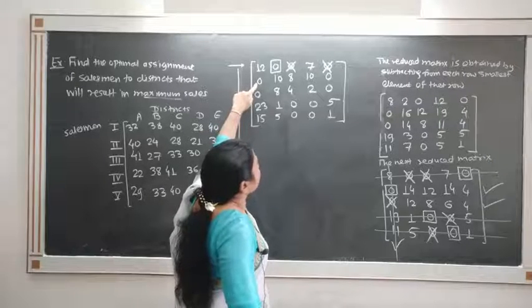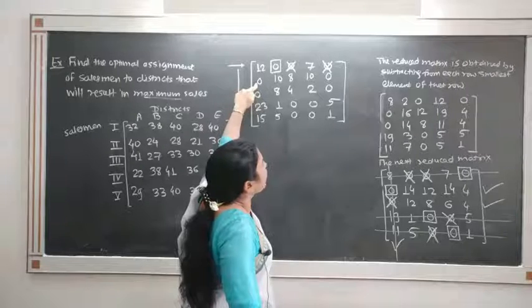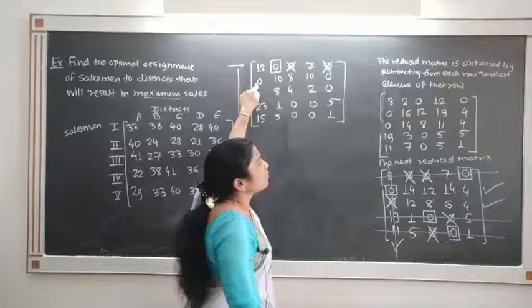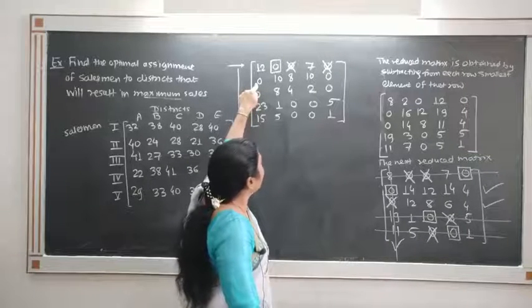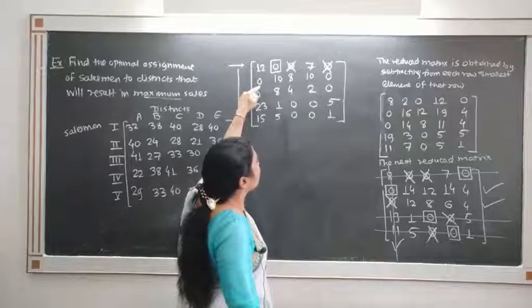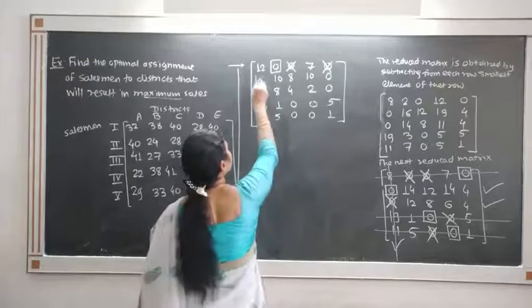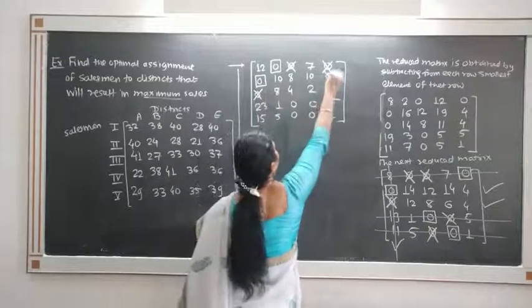Now there is no single 0 in any row or column, which means multiple assignments are possible. Now box any one and cross out the remaining. Suppose we box here; the remaining get crossed out.